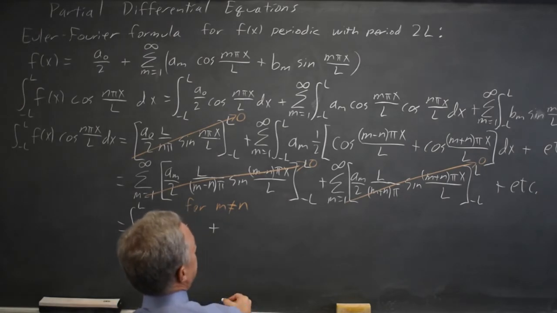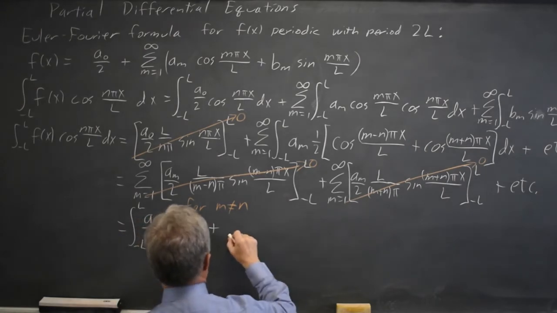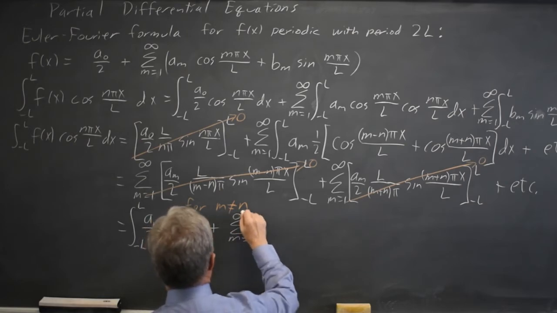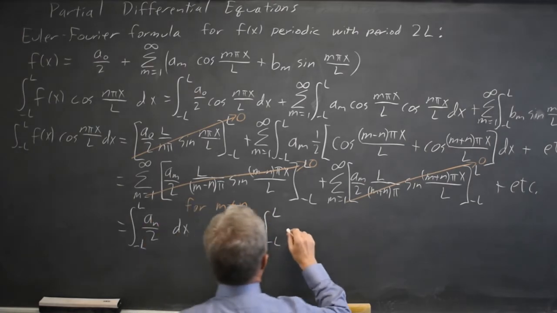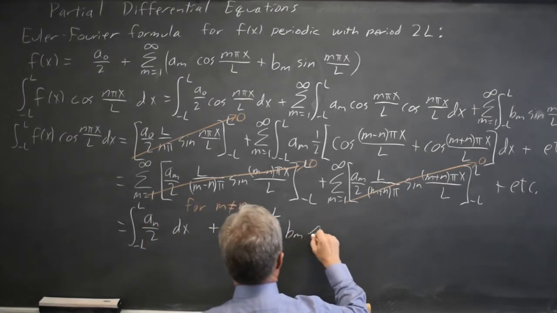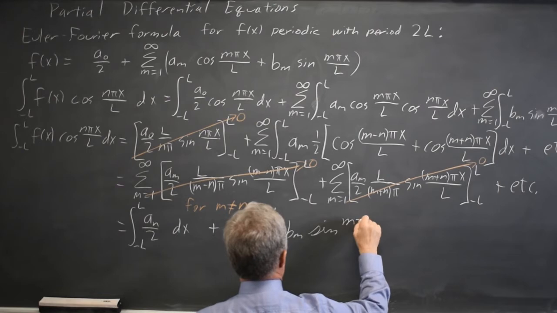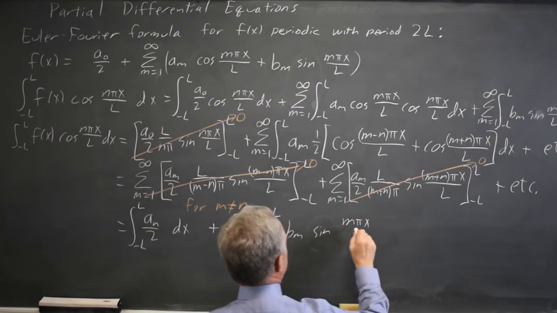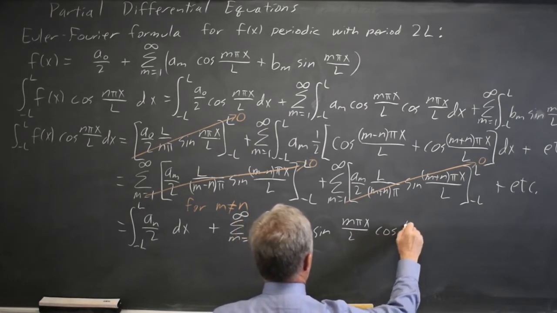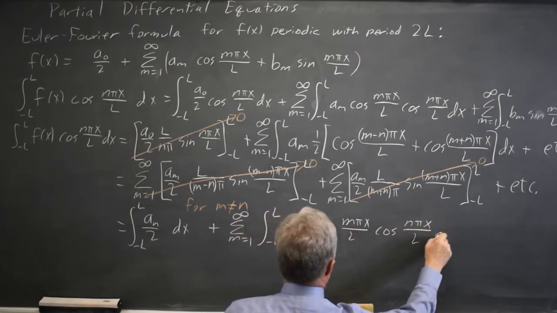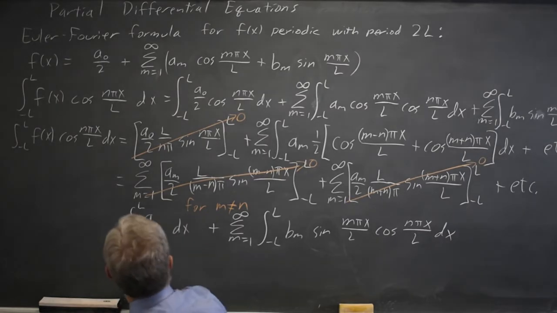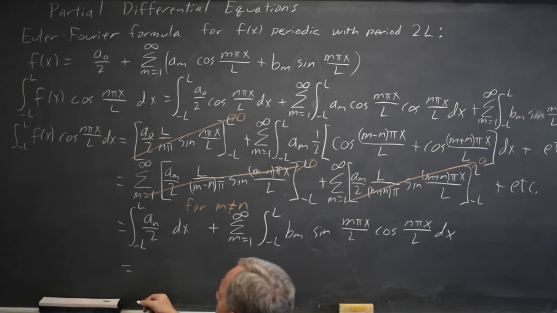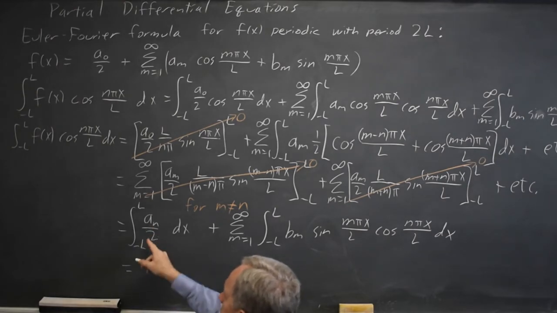And the only thing I've left out is the summation of the sine times cosine. And the integral of an over 2 is the integral of a constant, which is just the area under the curve.